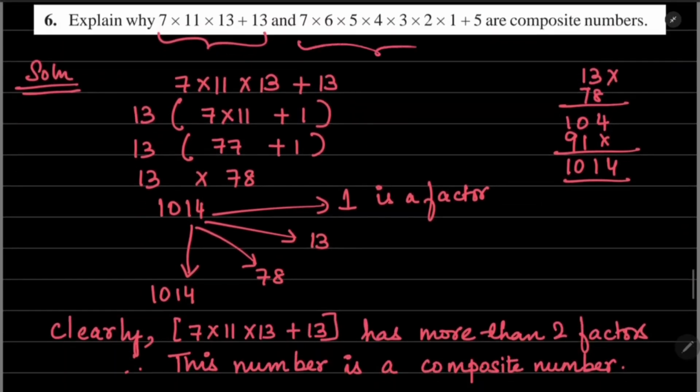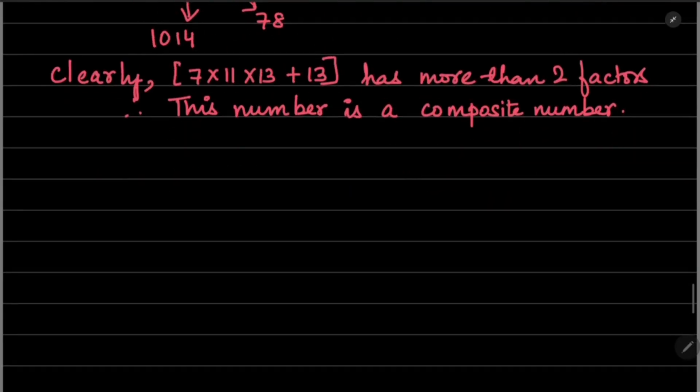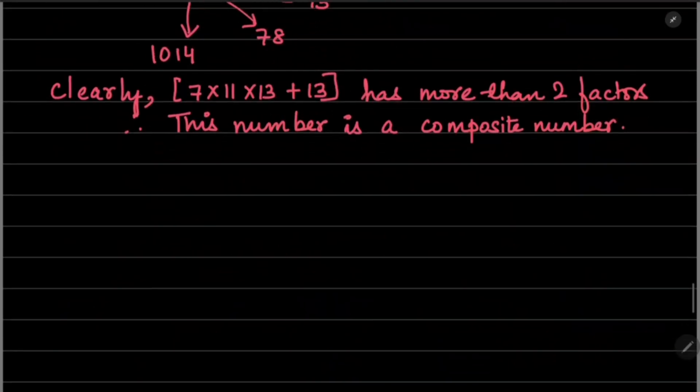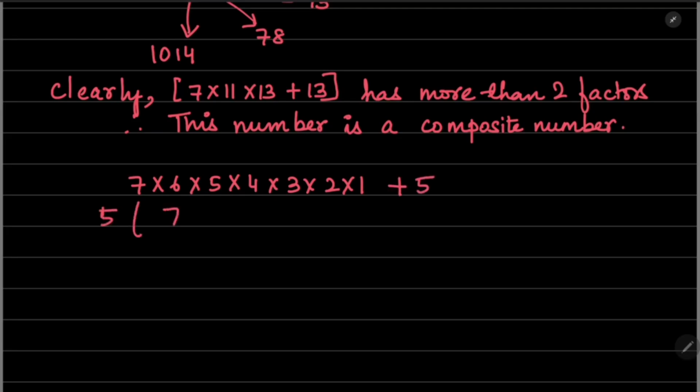Similarly, let's do this also. The second one: 7 into 6 into 5 into 4 into 3 into 2 into 1 plus 5. You have to show that it's a composite number. Take 5 common. So you will have 7 into 6 into 4 into 3 into 2 plus 1.